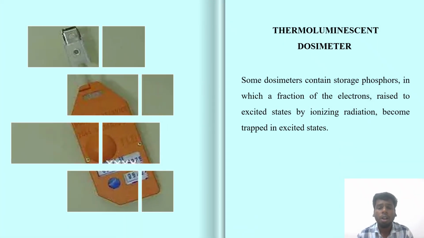The dosimeter contains a storage phosphor in which a fraction of electrons is raised to excited states by ionizing radiation and trapped in the excited states.